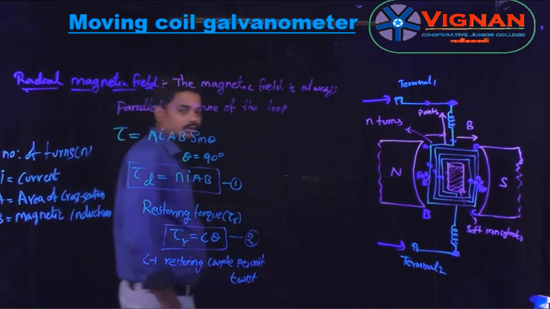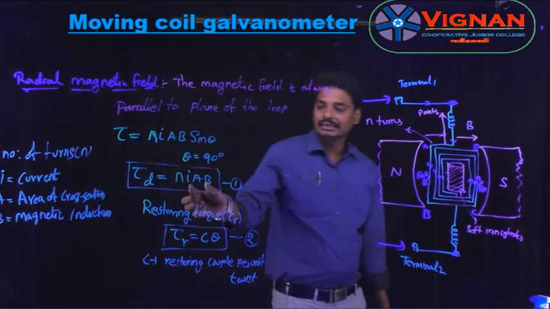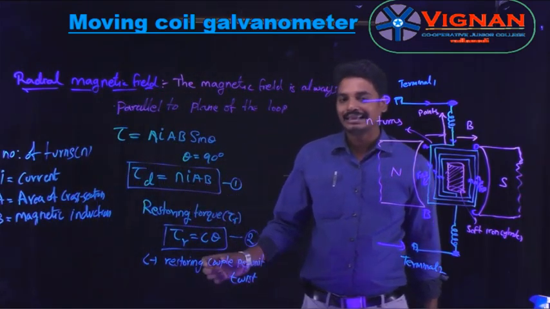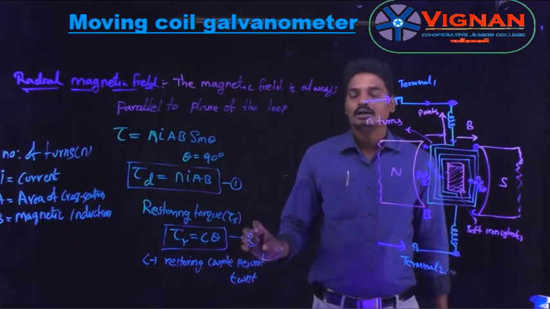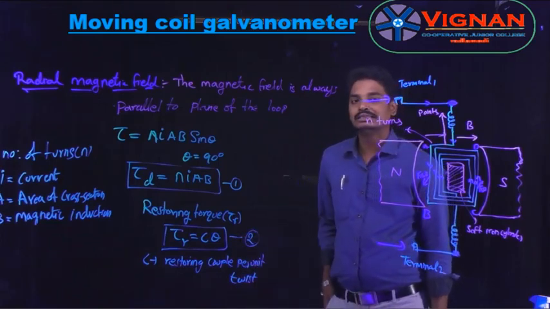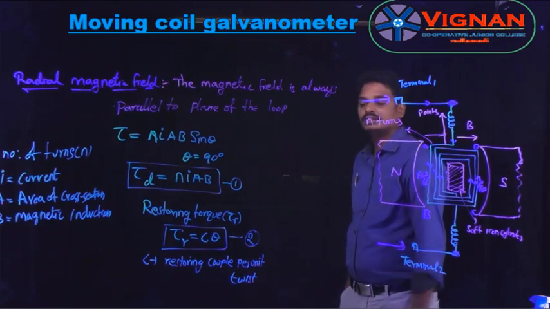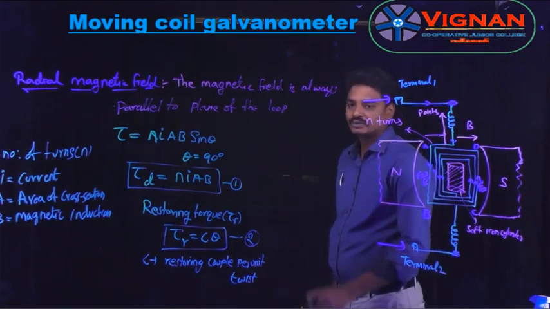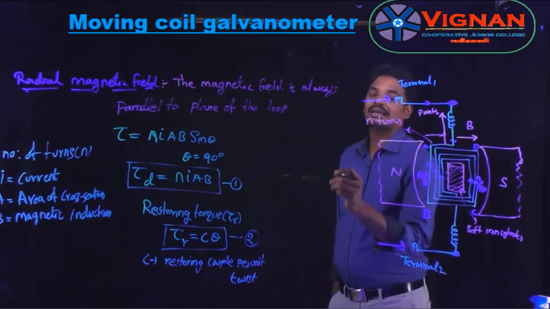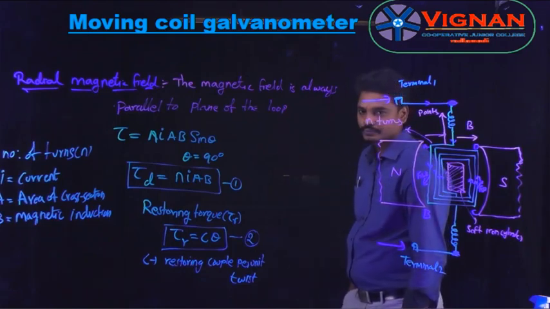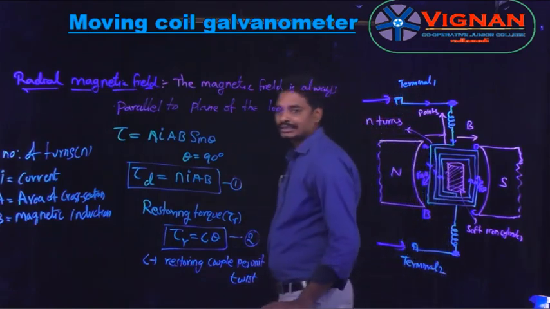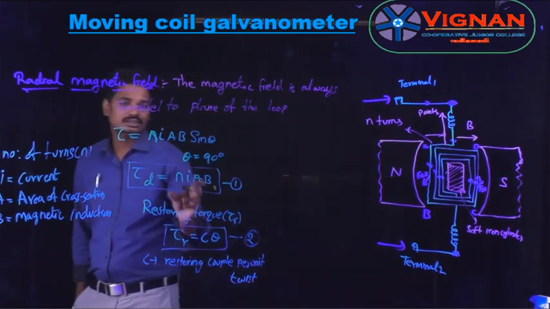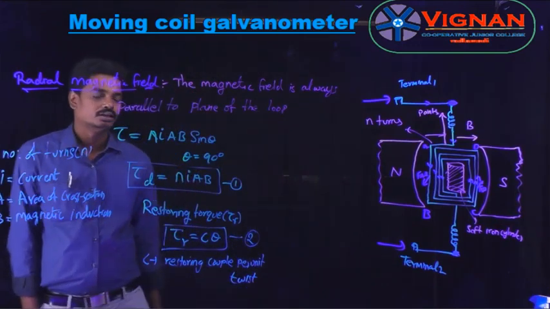So the deflecting torque is given by NIAB, and the restoring torque is equal to C into theta, where C is the restoring couple per unit twist and theta is the angle through which it is twisted. Under balanced condition, both the torques should be equal.